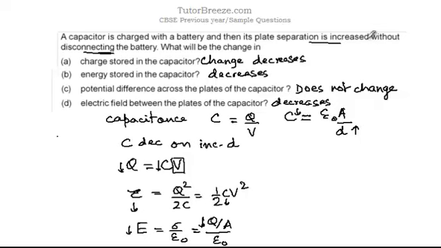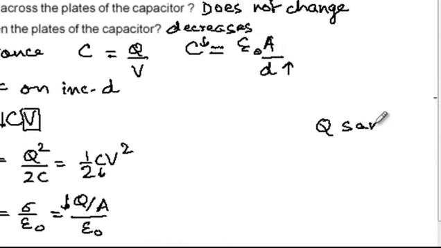Had the question been that the plate separation is increased after disconnecting the battery, then in that case what would have happened? In that case, Q would have remained same, C would have decreased, and V would have also changed.